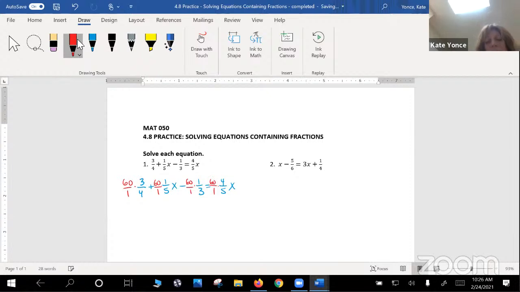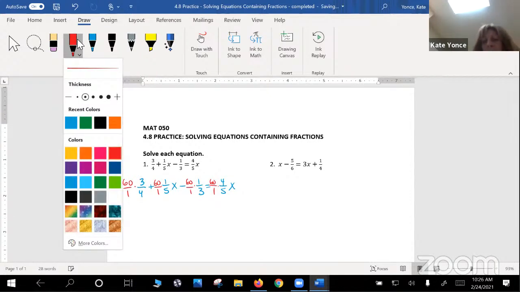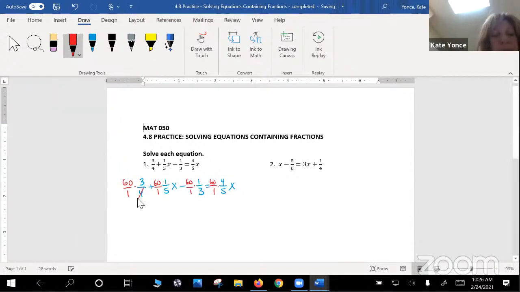Okay, what did you get when you cross canceled the first one? It would be 1, and then the other one would be 15 on the top, right? Okay, and then when you multiplied those two together, what did you get? I got 45. Okay, and then what about the next one?